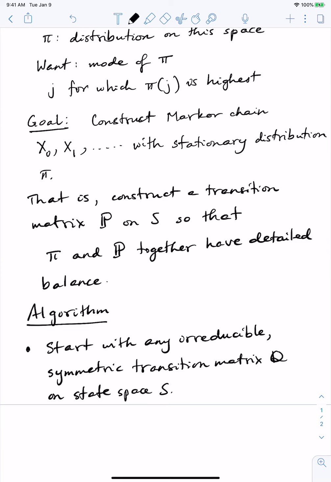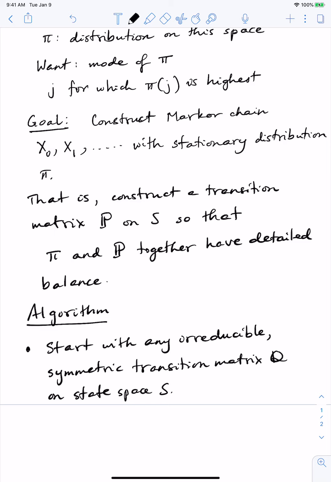So in our particular example, the state space is all the decoders. Q is just any transition matrix on the space of all decoders, as long as it is irreducible: you can get from every decoder to every other decoder eventually by following some path. And it's symmetric for reasons that will become apparent when we start doing some calculations.